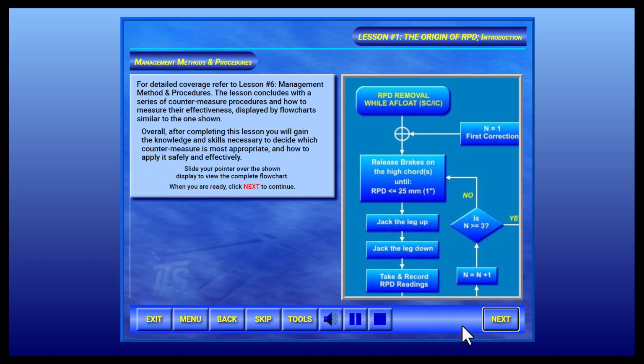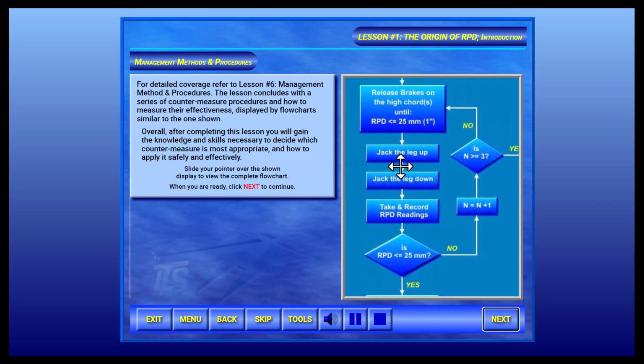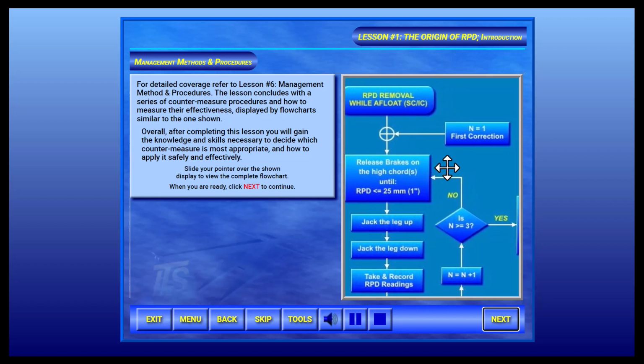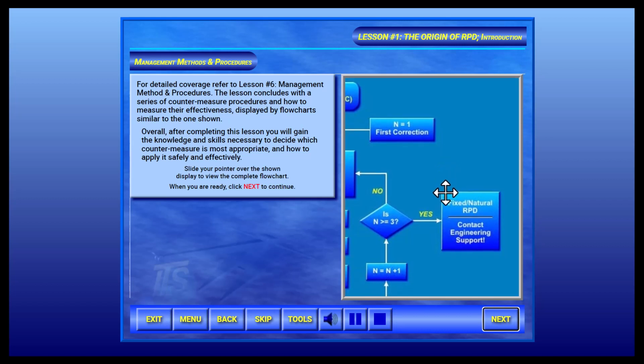For detailed coverage, refer to lesson number 6, Management Method and Procedures. The lesson concludes with a series of countermeasure procedures and how to measure their effectiveness, displayed by flowcharts similar to the one shown. Overall, after completing this lesson, you will gain the knowledge and skills necessary to decide which countermeasure is most appropriate and how to apply it safely and effectively.